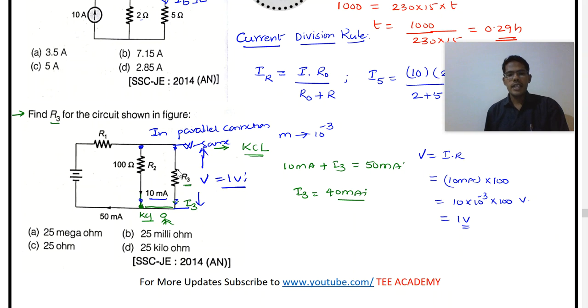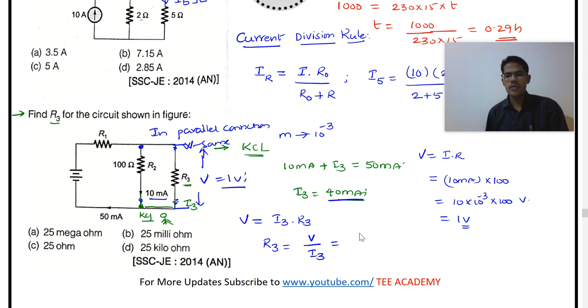Now in the second case here, we know the voltage, we know the current, can we find the resistance, apply the same formula here. So V is equal to I3 into R3. So I3 value మనకు కనుక్కున్నాం ఎంత, it's going to be 40 milliamperes. So from this, we can say R3 is equal to V divided by I3.